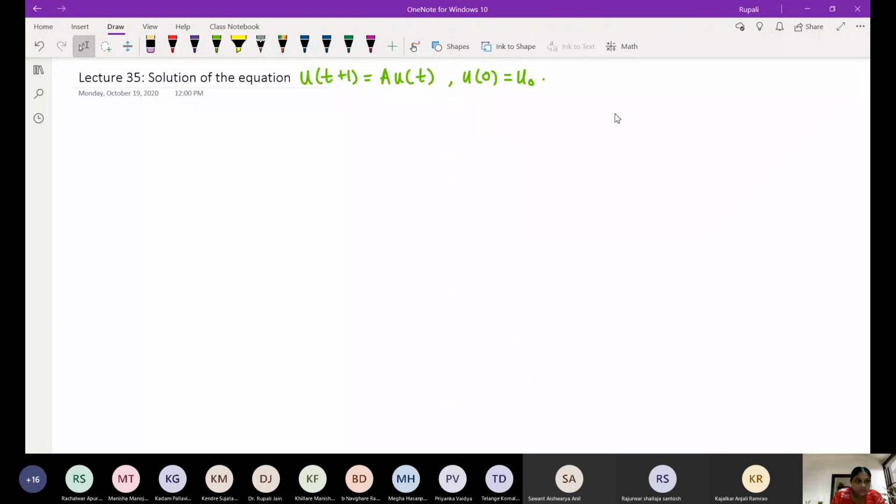So case 1, when all the eigenvalues are distinct. We will see when an n by n matrix A has n distinct eigenvalues.